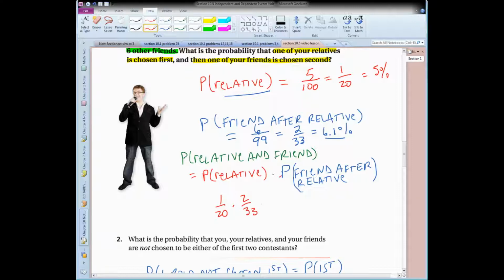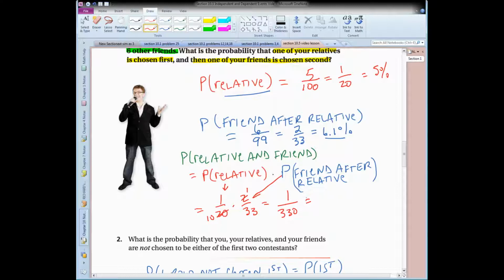And is there canceling? Yes. That can be a 1. That could be a 10. So there is a 1 in 330 chance that a relative would be chosen first, followed by a friend.